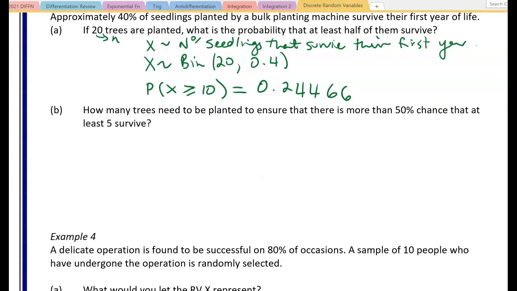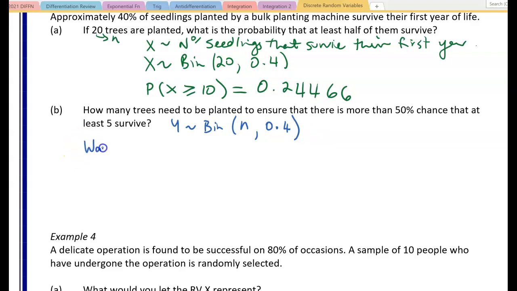Okay, so part B is the one where you've got to practice this idea, where you've got a different distribution now. We want to know a new n value, it's not going to be 20, it'll be some n value. So I'm going to call it a different letter, Y. We don't know what n is, but we still know that the probability of success is 0.4, so that hasn't changed, because that's in the original part of the question.